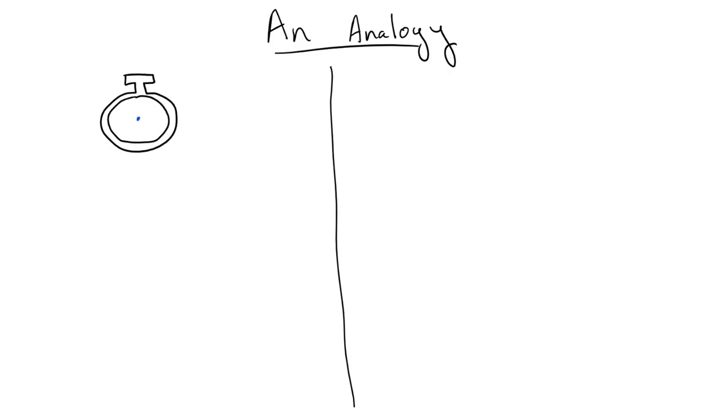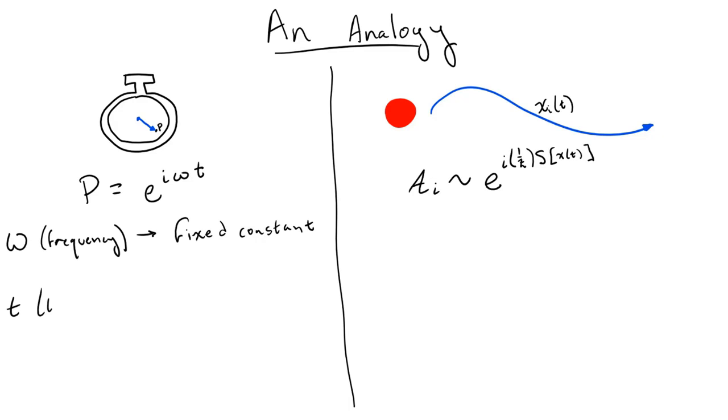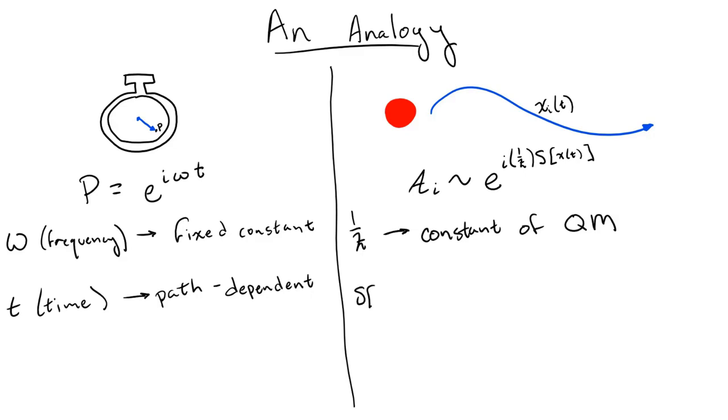So let's try to draw a direct comparison between these amplitudes and the ticking of stopwatches. Say we attach a stopwatch to the particle. The frequency is a fixed constant of the stopwatch, whereas the time which elapses as the particle travels from point A to point B is a path-dependent quantity. Similarly, the amplitudes are determined by h bar, a fundamental constant of quantum mechanics, and the action, which is a path-dependent quantity.